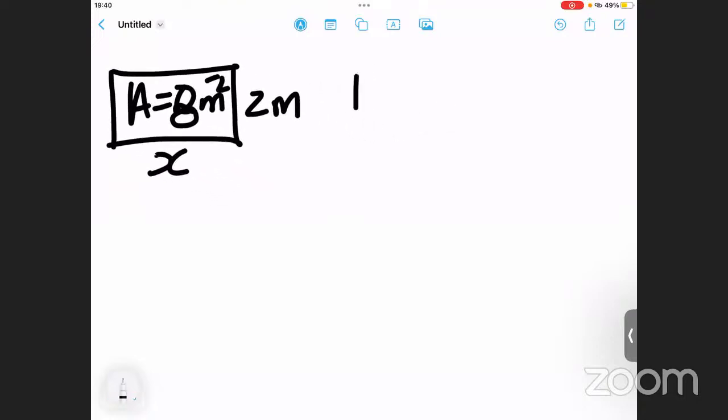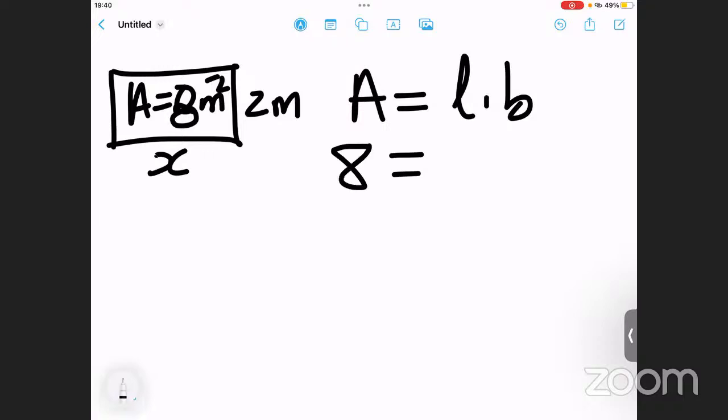It remains your responsibility to know that the formula for the area says length times breadth. According to the information we are given, the area is 8. The length is represented by x. The breadth we are given is 2.